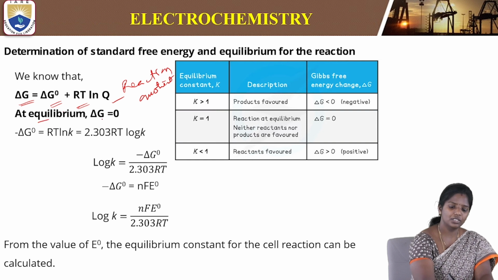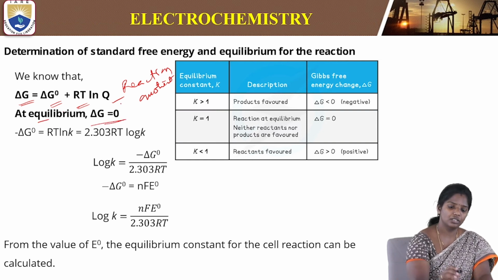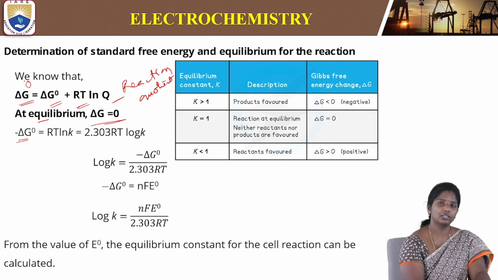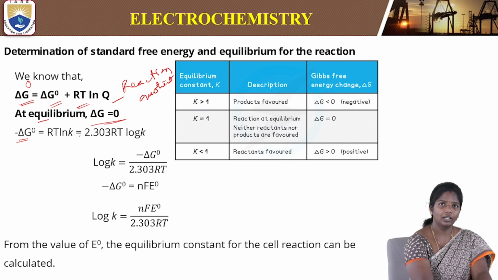At equilibrium, delta G is 0, so 0 equals delta G naught plus RT ln K. Substituting log, it becomes 2.303 RT log K. On rearrangement, log K is equal to minus delta G naught by 2.303 RT.